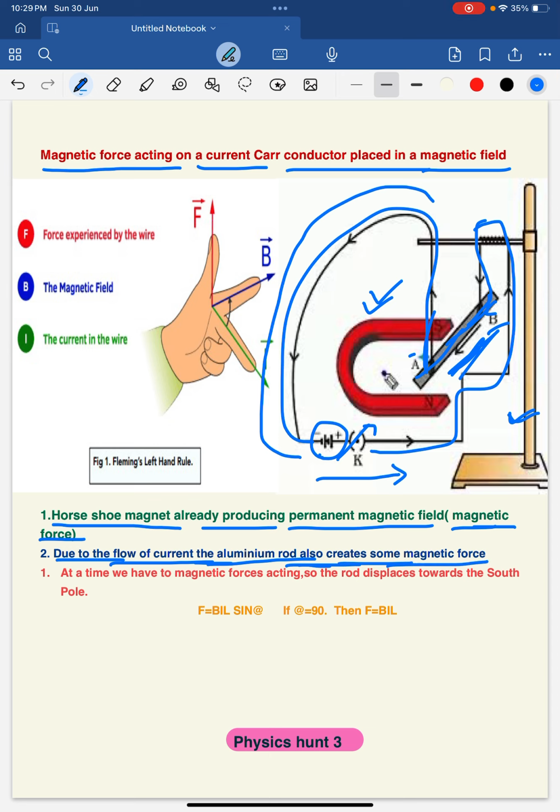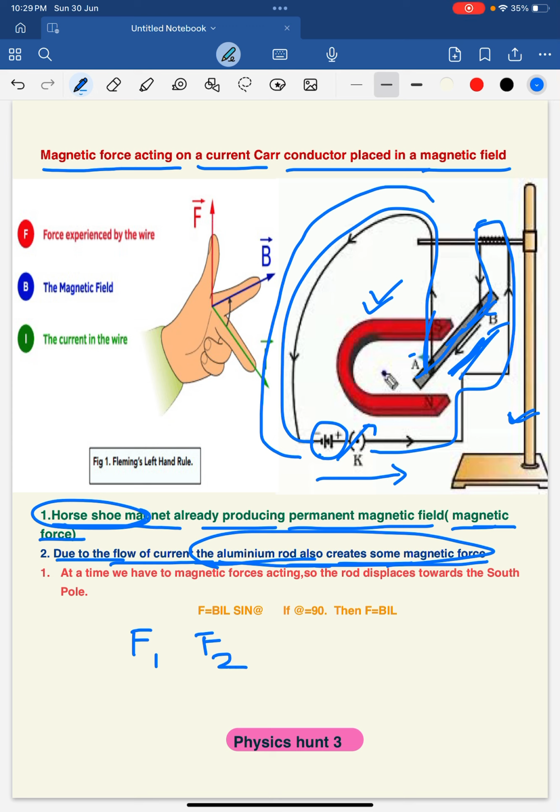Okay, so already this horseshoe magnet is producing a magnetic force. Due to the flow of current, the aluminum rod also creates a magnetic force. So at a time we have two magnetic forces. One is due to the horseshoe magnet, another one is due to the flow of current in the aluminum rod.